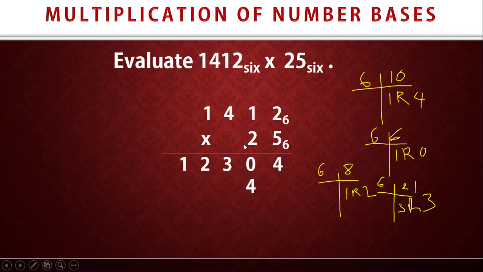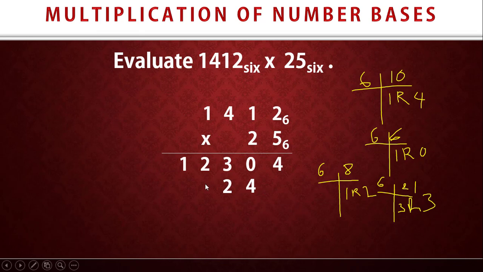Okay, the next one now, we'll say 2 multiplied by 1, and that will give us 2. So the result 2 is less than the required base, which is 6, so we can write it directly. The next phase of multiplication, 2 times 4, that gives us 8. 8 is greater than our required base. 8 is greater than 6, so we say how many 6 will go in 8? You can see right here, 6 will go in 8 one time, remainder 2.